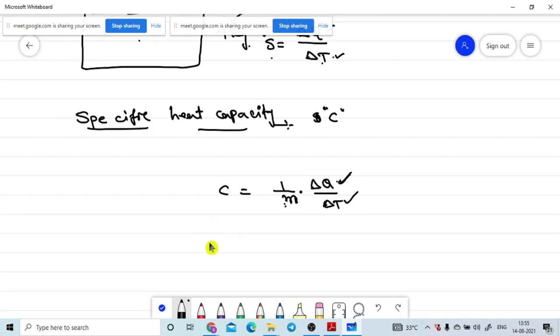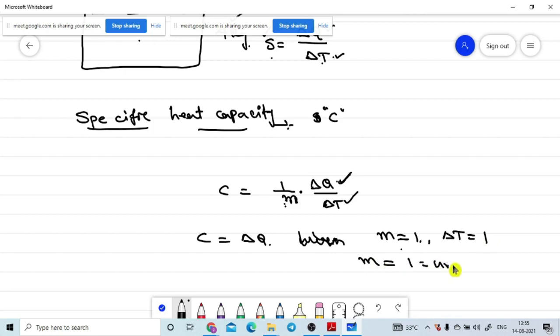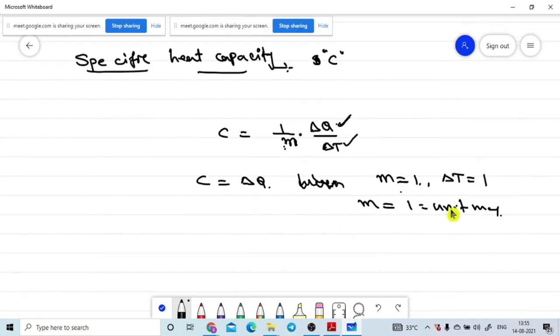So C becomes delta Q when m is equal to 1 and delta T is equal to 1. M is equal to 1 means unit mass, and delta T is equal to 1 means unit rise in temperature.